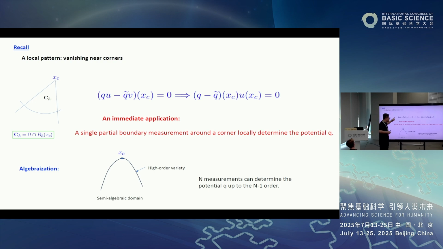We input a measurement, for example, not necessarily one measurement, but a measurement U, the declared data, whose derivatives do not vanish up to the nth order. Then we can determine Q locally around this boundary point up to order n minus 1. That means all the Taylor series expansion, we can determine up to the nth order.